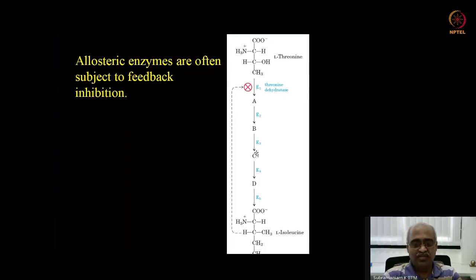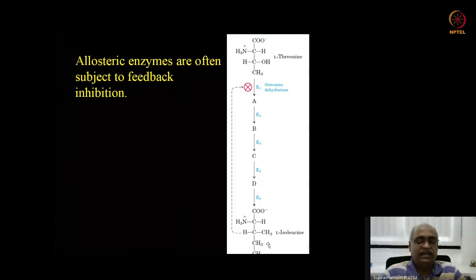So in this sort of a multi-step biochemical pathway, oftentimes the very early step is catalyzed by an allosteric enzyme, and its activity is often subject to regulation by the ultimate product, not the immediate product of that enzyme. So the purpose of this entire pathway is to produce this. If isoleucine is present in large excess, like you ate food, when digested, it produced a lot of isoleucine.